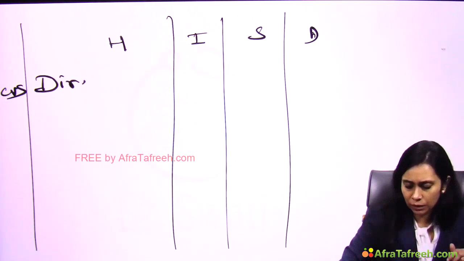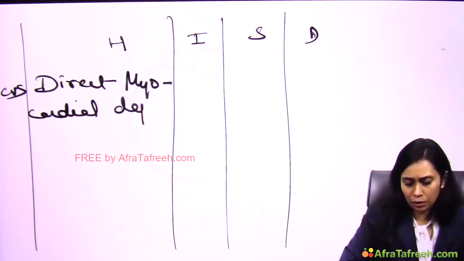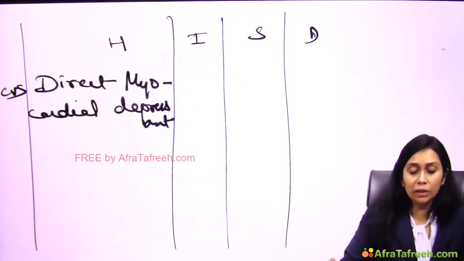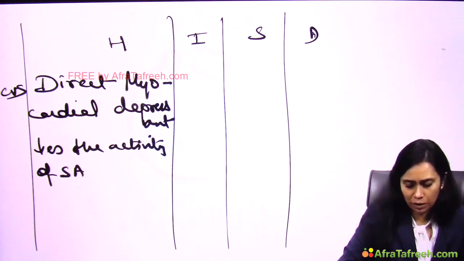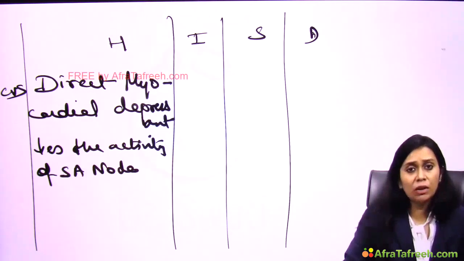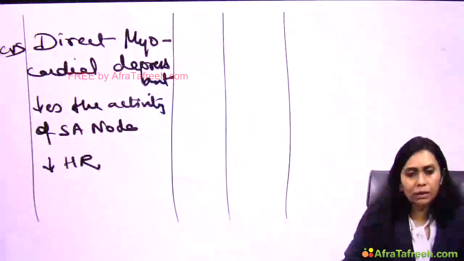Direct myocardial depressant. What does it depress? It depresses the activity of SA node. What is SA node? Pacemaker of heart. So what would happen? Heart rate would decrease. Heart rate decreases, right?